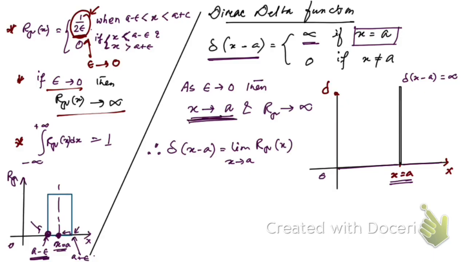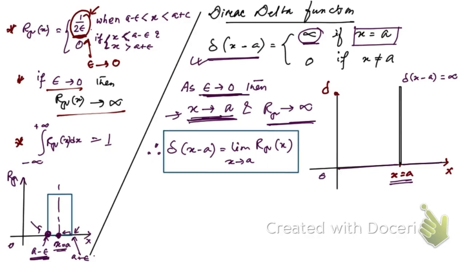So when x tends to a, epsilon tends to 0. When epsilon tends to 0, then R tends to infinity, and delta of x minus a also tends to infinity. So we can express this Dirac delta function as a limiting case of the rectangular function. Hope you have understood this.